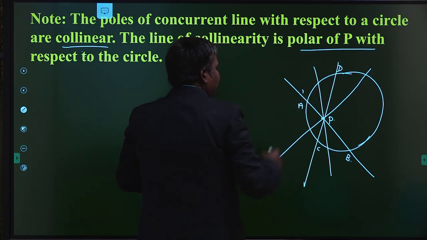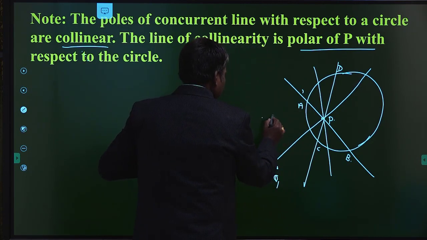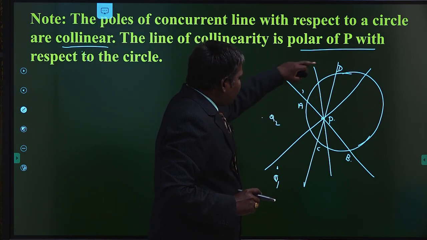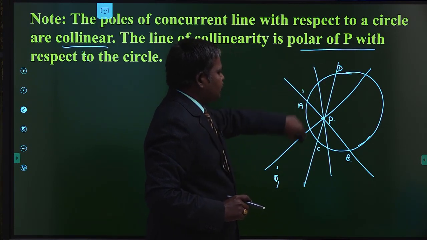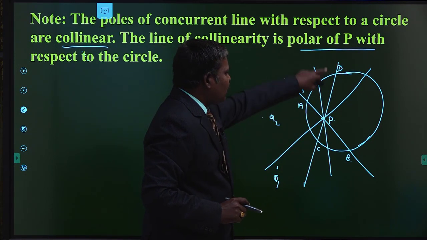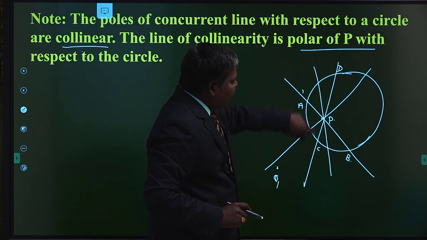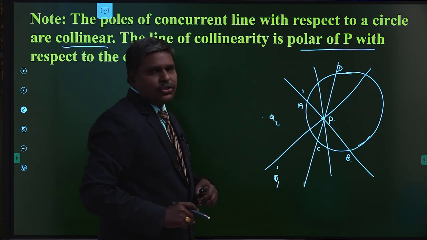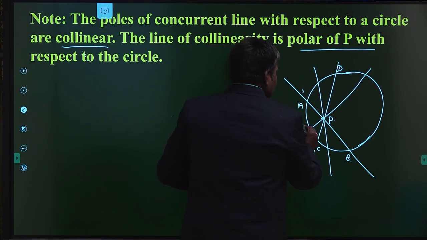This is the line passing through P. Its pole is, suppose, Q2. That means Q2 is the pole of CD, then the polar of Q2 is CD. Polar of Q2 passes through P, so polar of P automatically passes through Q2 by the previous note. Similarly, consider EF.